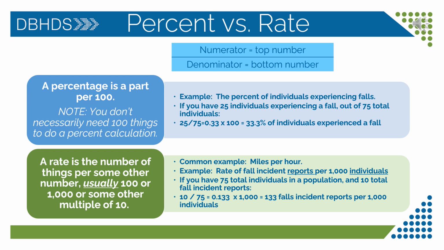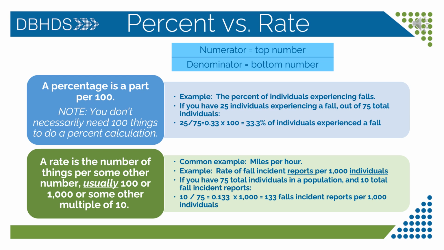Now let's talk about the difference between percent and rate. As we just discussed, a percent is a part per 100. Another example here is the percent of individuals experiencing falls. If we have 25 individuals experiencing a fall out of 75 total individuals, the result would give us 33.3% of individuals experienced a fall.